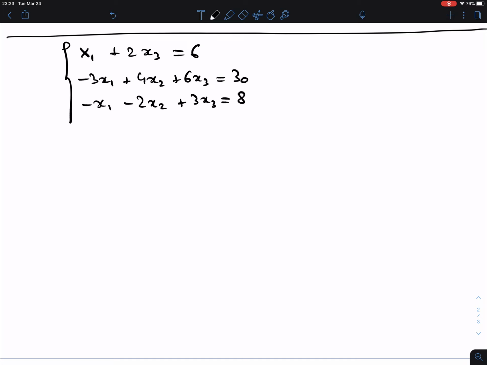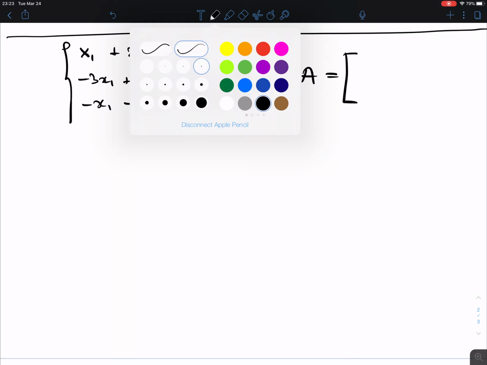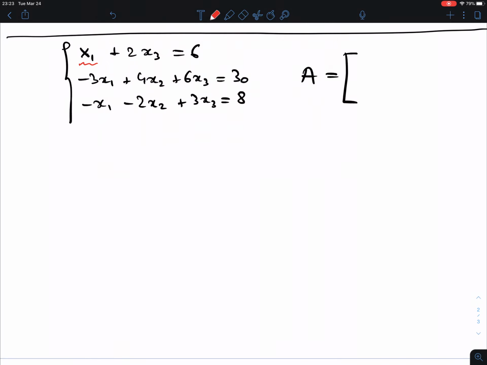Okay, so the matrix of this system is the matrix that you get from looking here at the coefficients. The first row will have the coefficients of x1, so this will be 1, -3, -1. The second row will be the coefficients of x2, where there is nothing here, so there's a 0 there, 4 and -2, and then the last row is 2, 6, 3.